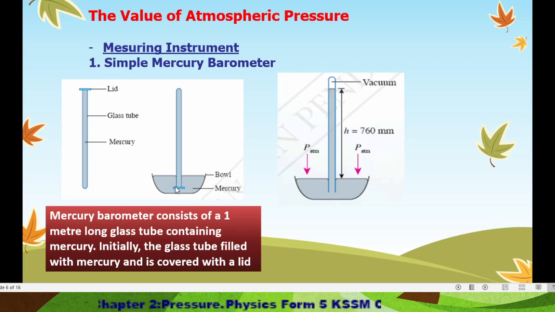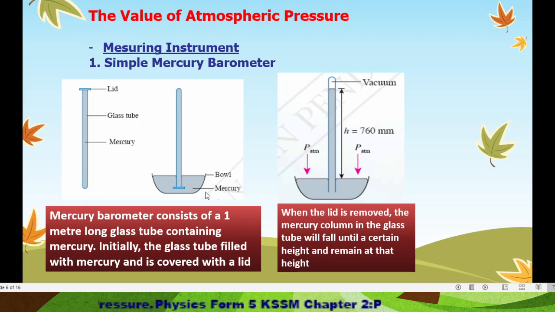And then turn it upside down into the bowl. What we do next is remove the lid. What happens to the mercury? The mercury will come out from this opening and cause the mercury column in the glass to fall until a certain height and remain at that height.